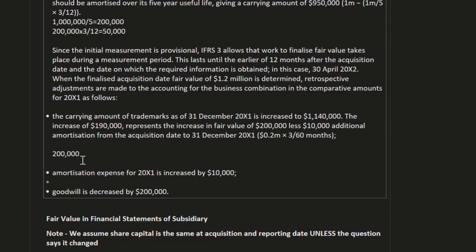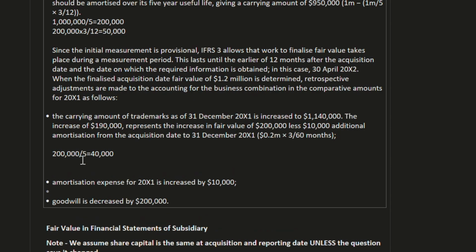Now 200,000 increase divided by 5: per year we have 40,000 amortization on that increased value. So total amortization is 200,000 plus 40,000, which is 240,000 per year.